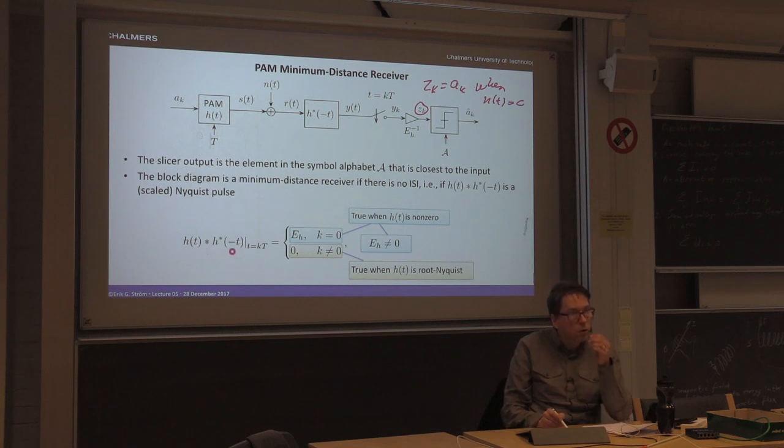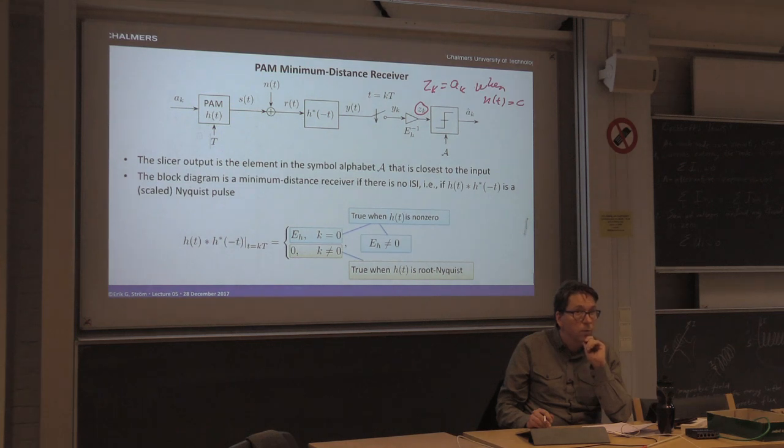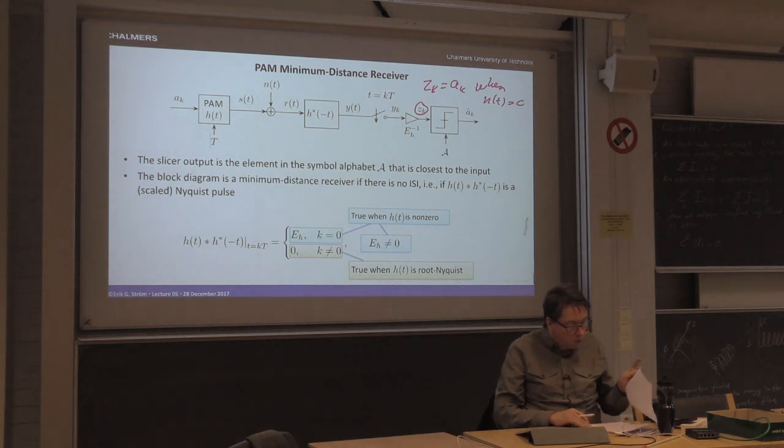What we will show in the next lecture is that going through this step, the output we produce is the same as if we had used the minimum distance receiver, which is the best we can use. But we have to postpone that derivation to the next lecture.